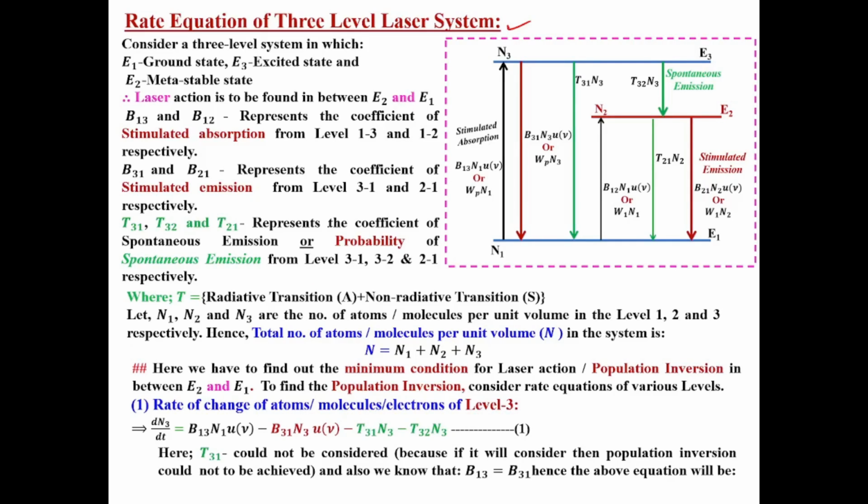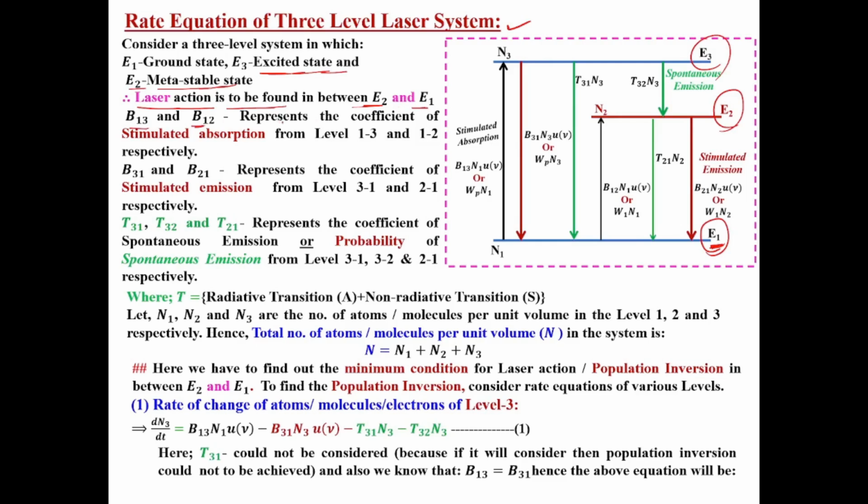Discussing three-level laser system, consider a three-level system here. E1 is your ground state, E3 excited state, and E2 is the metastable state. So this system has three energy levels. Here laser action is to be found between metastable state and ground state, E2 and E1.